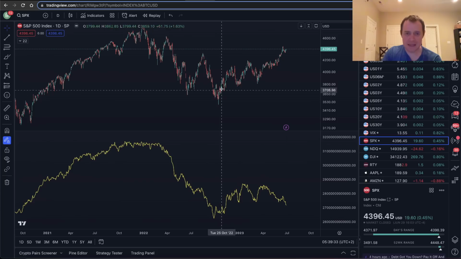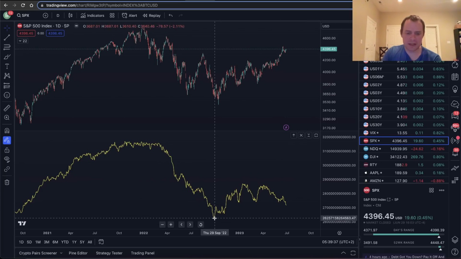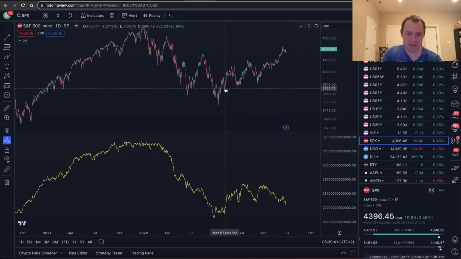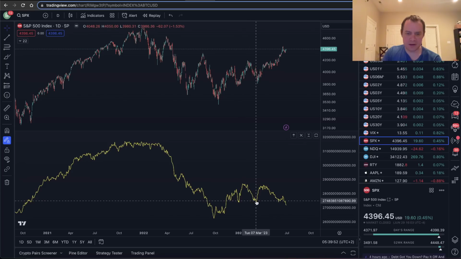Now, ever since then, the S&P has rallied, and global net liquidity has gone up, but then it started to go back down. So what's interesting is that this low here on net liquidity in December corresponded to this low on the S&P 500. And then this low on net liquidity in March corresponded to this low on the S&P 500. But now there's a divergence.